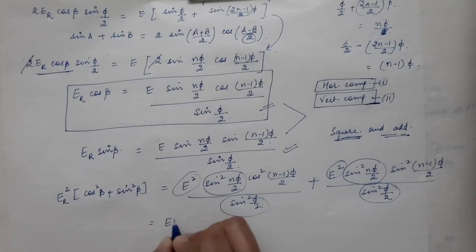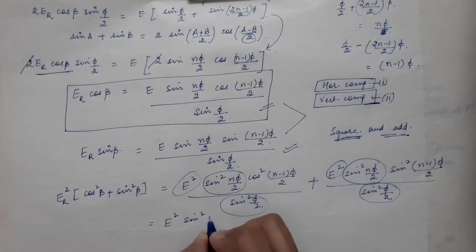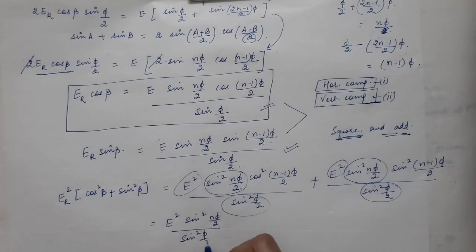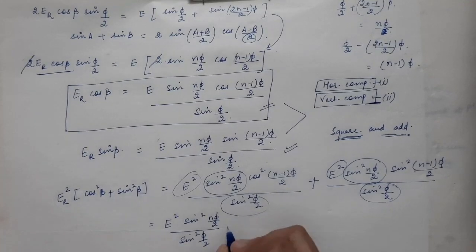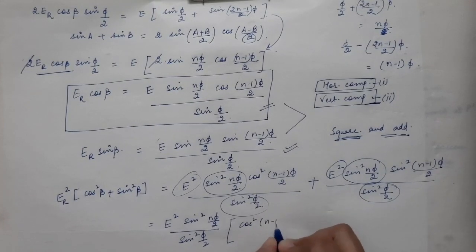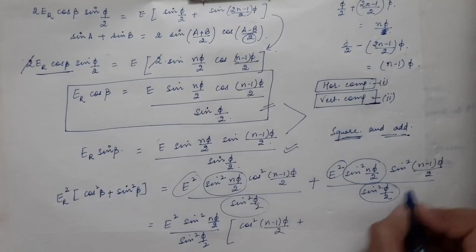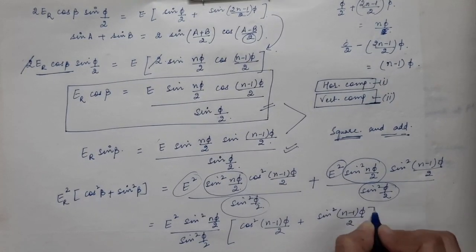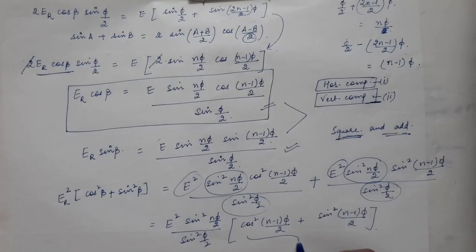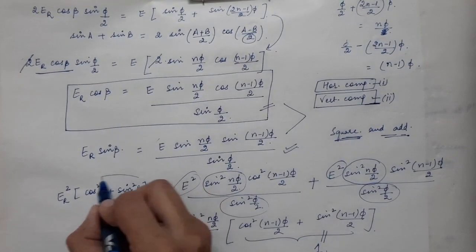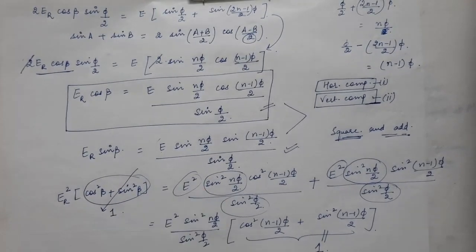So you will get E square sin square n phi divided by 2 whole divided by sin square phi by 2, and inside the bracket you will get cos square n minus 1 phi by 2 plus sin square n minus 1 phi divided by 2. This is nothing but equal to 1, since cos square theta plus sin square theta is equal to 1. So this whole term will be equal to 1, and similarly this term will also be equal to 1.